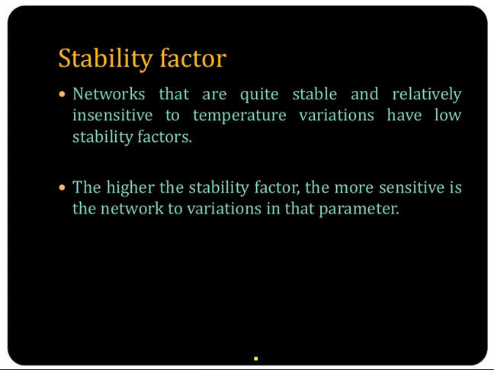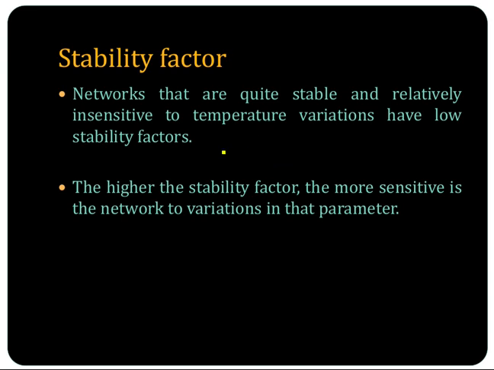So here you can see the stability factor finally gives you an idea about the stability of this particular network. That is, the networks are quite stable and relatively insensitive to these variations if they have low stability factors. Temperature is the main concern here. Temperature causes variations in the reverse saturation current and all.